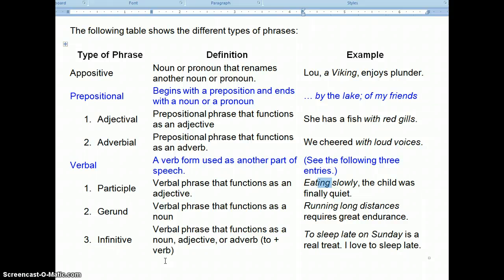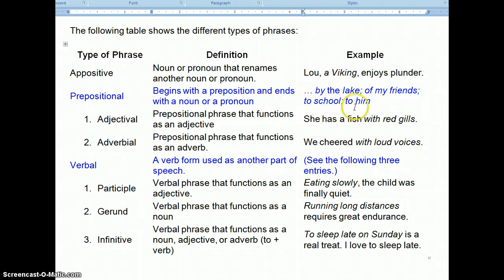Okay? Now, don't be confused, because the word to can also begin a prepositional phrase. How are you going to tell the difference? When you have a prepositional phrase, what would you have? Would you ever have a verb with it? No. You're going to have a noun or a pronoun, like to school, or to him.